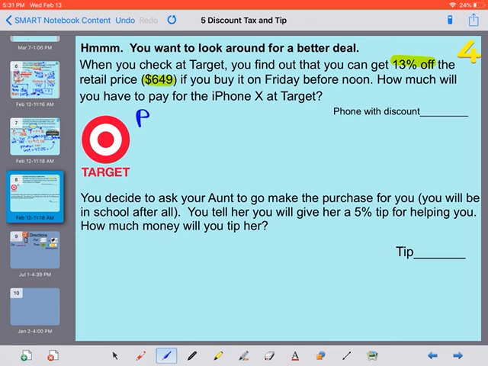The part that we're looking for equals the total times the percent. And remember, once we figure out our percent, that's how much we're getting off of the total. So if we're getting it off of the total, at the end we're going to subtract our answer from our dollar amount. So we don't know how much we get off. That's the part we're trying to figure out. We know our total is $649, multiplied by our percent as a decimal, this is 13% out of 100%, which is 0.13.